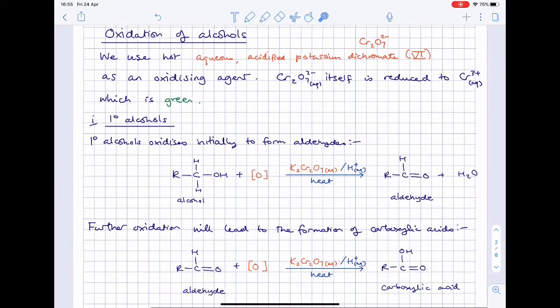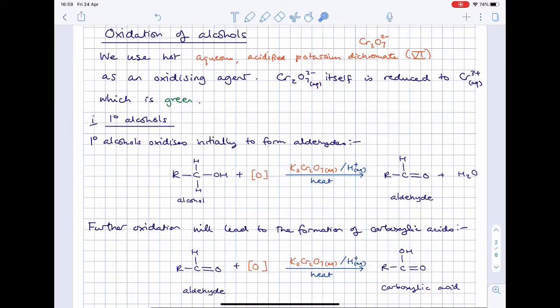So just to recap on primary alcohols, when we oxidize primary alcohols using aqueous acidified potassium dichromate, the primary alcohol initially oxidizes to become an aldehyde, and the aldehyde can oxidize as well to form the carboxylic acid of the alcohol. Now you can actually control whether you get more of the aldehyde or more of the carboxylic acid by using different apparatus.